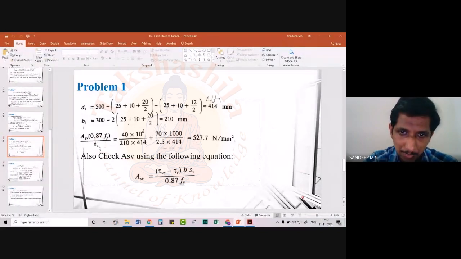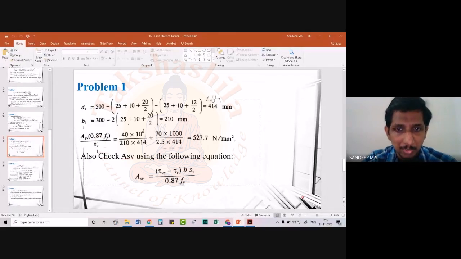So if you are taking this spacing to the other side and bringing this value to the denominator, you know that you just want to provide the maximum amount of reinforcement as suggested by both these equations. So once you have a larger value in the denominator, what will happen? You are just taking the spacing to the right hand side and bringing this numerical value to the denominator.